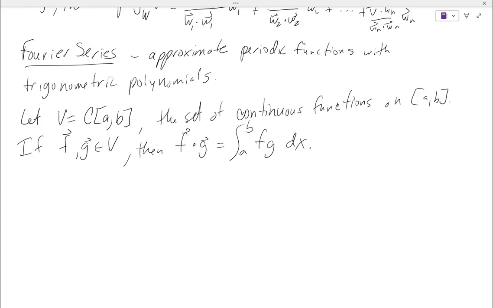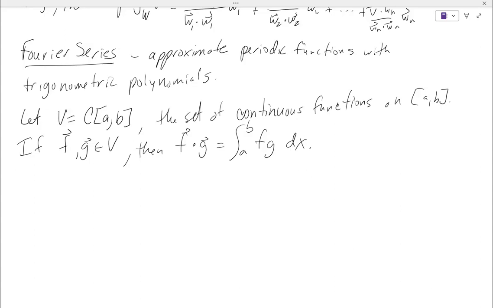We're interested in doing this on a piece of this space, the ones that are going to be periodic. Anyway, we're going to do this on a subpart. So we're going to create a subspace that's generated by a set of trig functions, and then use that subspace to project onto. That's our whole goal.